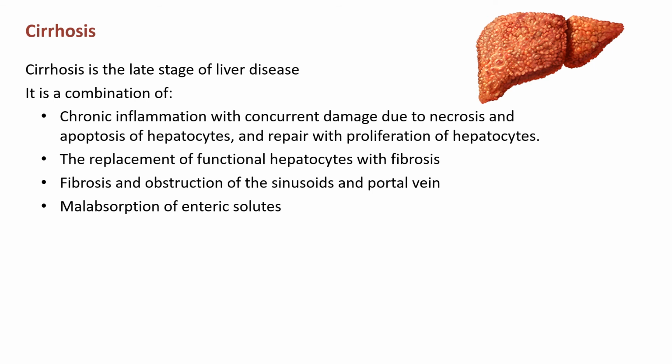This fibrosis is going to cause obstruction of the sinusoids and of the space of Dis, and ultimately of the portal vein. And as we just talked about, there will be malabsorption of enteric solutes because of the loss of those fenestrations, the changes in the basement membrane, the fibrosis, and the loss of microvilli on the hepatocytes.